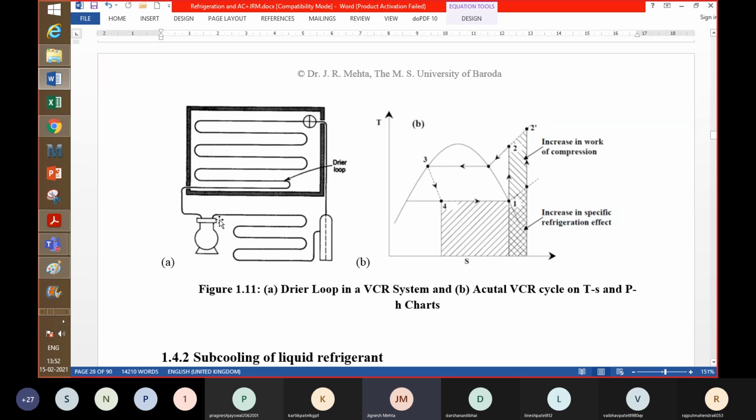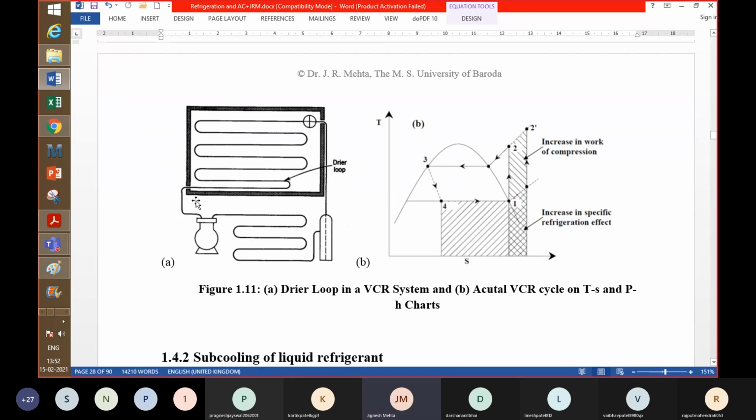So if superheating is done inside the refrigerated space, you are not sure whether COP will increase, decrease, or remain constant. But whatever superheating is occurring outside the refrigerated space will increase the compressor work and not contribute to the cooling, and because of that it will decrease the COP.